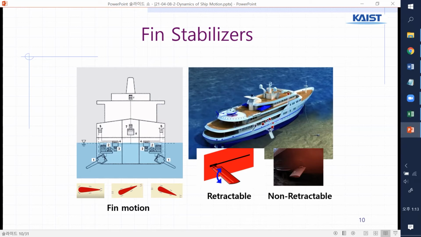So when there is no need, it is folded inside the ship, and only when the fin is necessary does it protrude, by control. When the ship is passing through shallow water and near the keel or port side, the fin can be damaged by the structure of the port. That's why we sometimes need retractable ones.